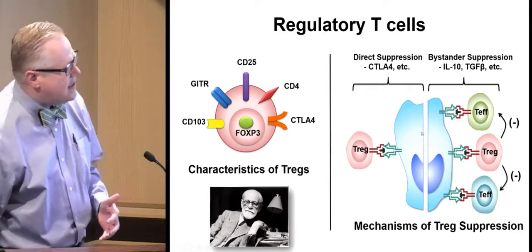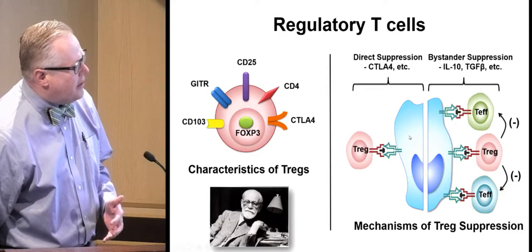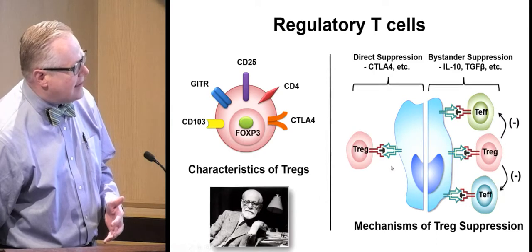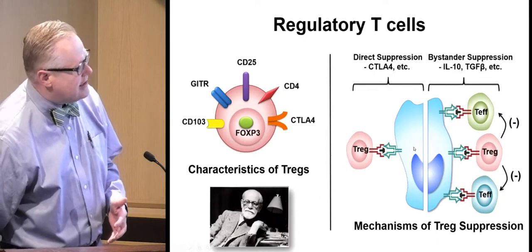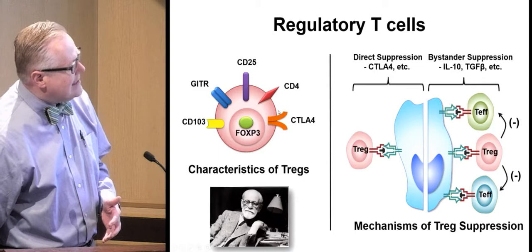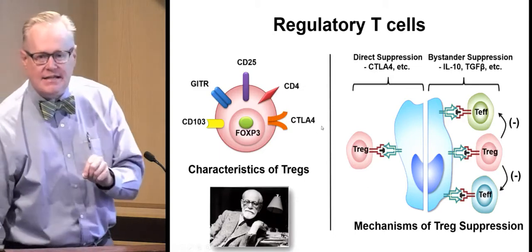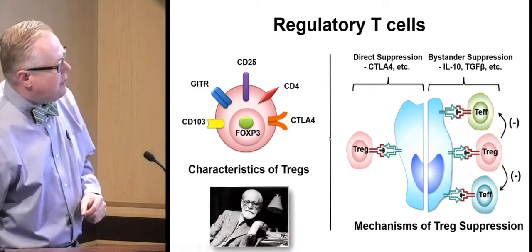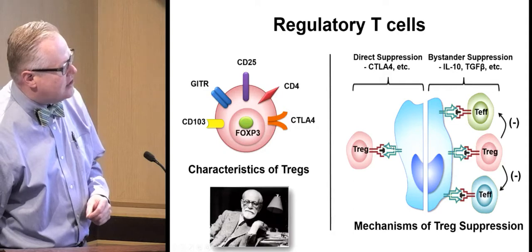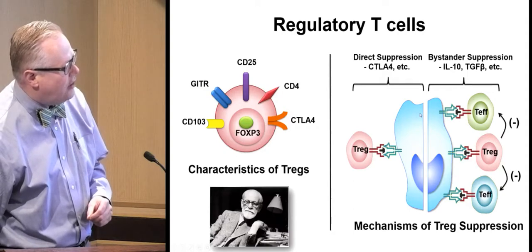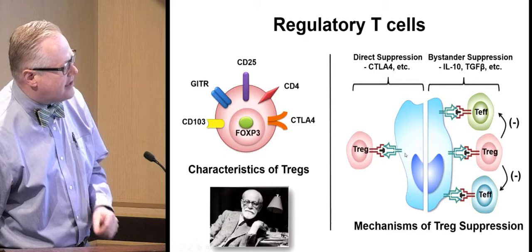But among the ones that we know about are their ability to regulate cells through direct cell-cell interactions, using molecules like CTLA4. I'm going to come back to this in a little bit, but this is a molecule that through direct cell-cell interactions is able to turn down antigen-presenting cells and other cells within the immune system.